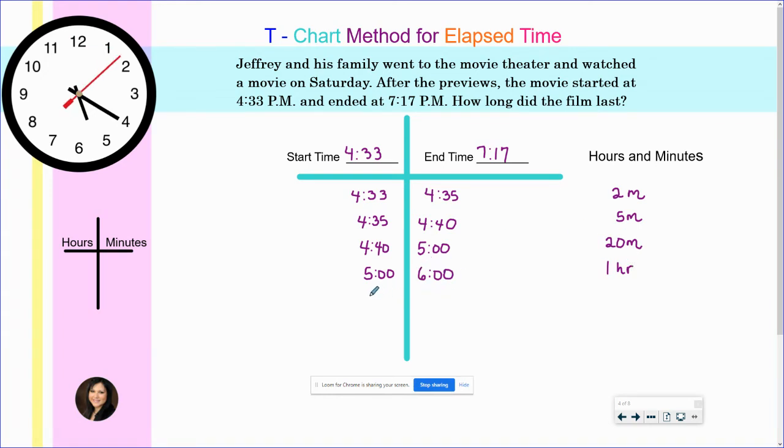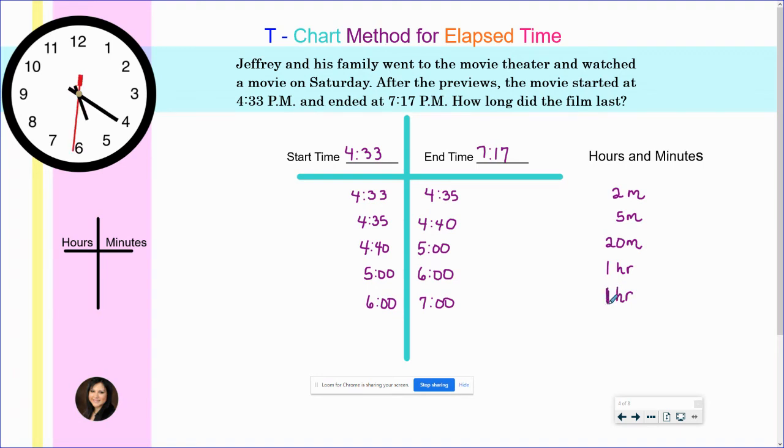Take my 6 o'clock. And I'm going to jump an hour, which would be 7 o'clock. So I place the 1 hour time here.